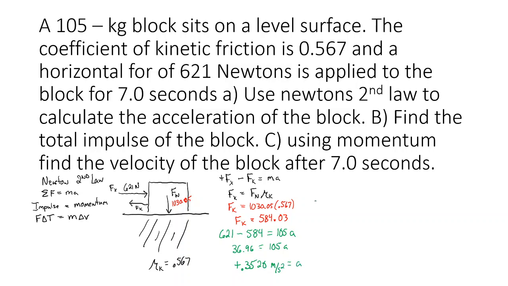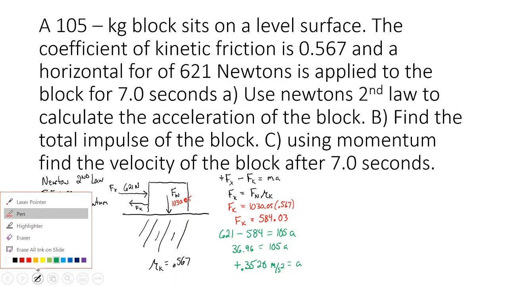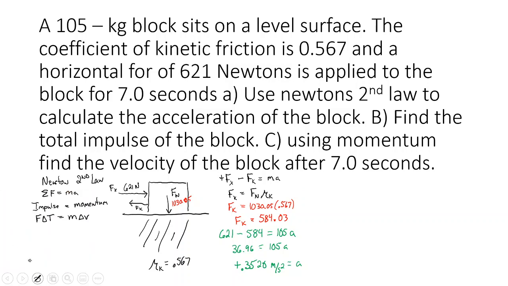Then if I continue looking on, the next thing I want to do is find the total impulse of the block. Well, the impulse will be the net force times the change in time. Got that from right there. So the net force is found right here.